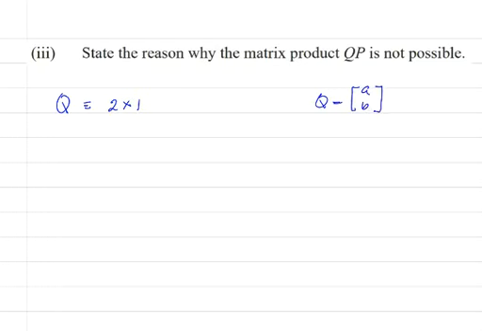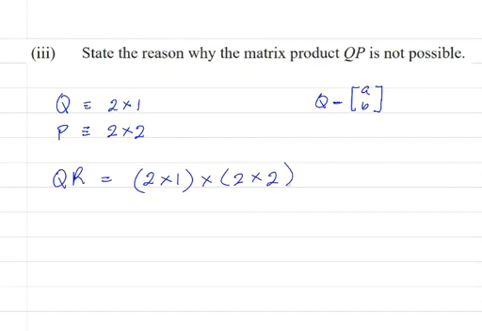Now P is a 2 by 2 matrix. So if I multiply Q by P, I'd be multiplying a 2 by 1 matrix by a 2 by 2 matrix. Now, comparing them side by side like this, I can see immediately they're not compatible.